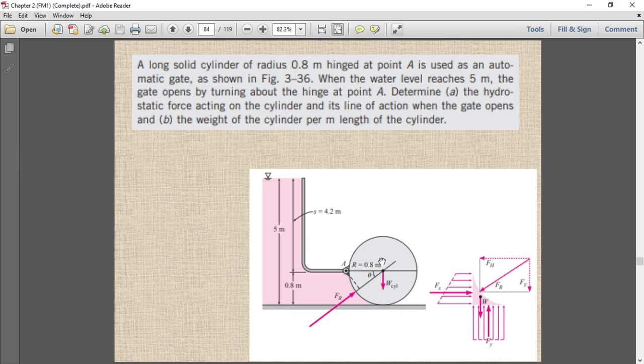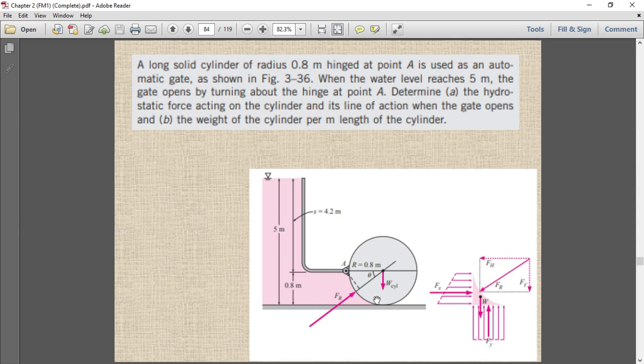Since it is movable, we are considering it automatic. When the water level reaches 5 meter, the gate opens by turning about the hinge at point A. When the level reaches 5 meter, the gate is about to move.